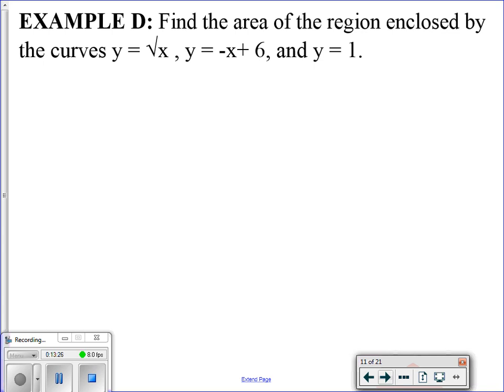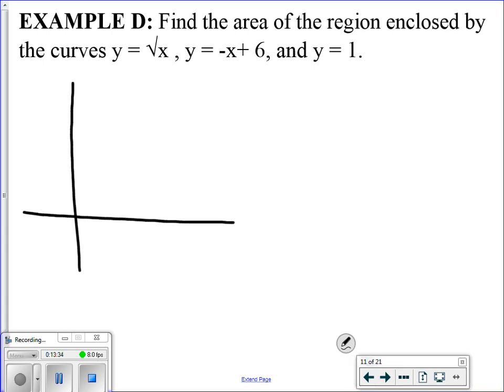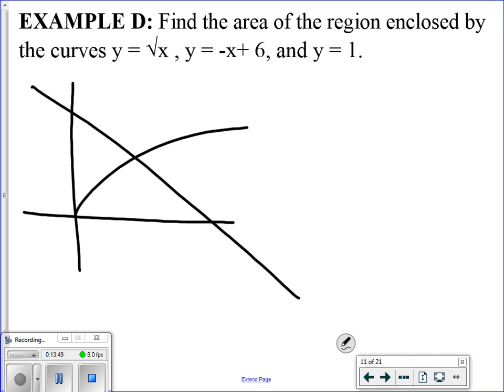Example D. Find the area of the region enclosed by the curve y equals the square root of x. Let's just sketch this out. y equals negative x plus 6. So that's a line with a y-intercept of 6 and a slope of negative 1. So we would cross here like it's 6. And then the line y equals 1. Let's put a 1 here, 6 here.